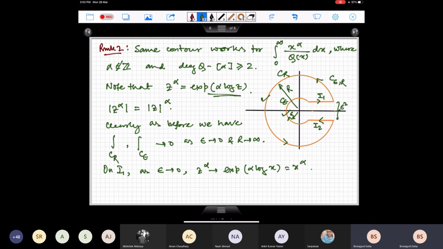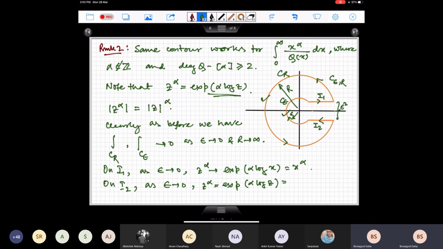And on I2, as epsilon tends to 0, I have now z power alpha. So this is equal to exponential, this time alpha log z. So this one is log of mod z plus i argument z.